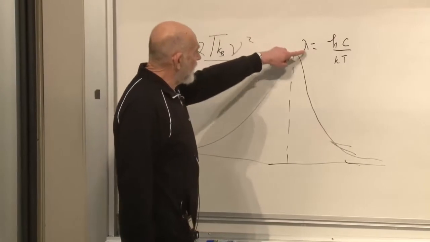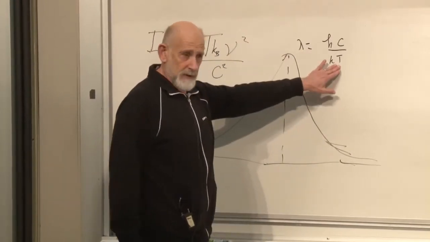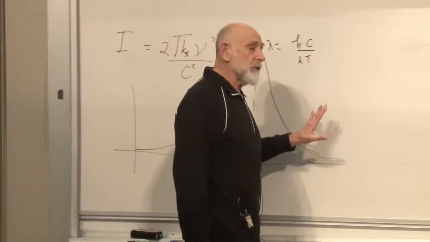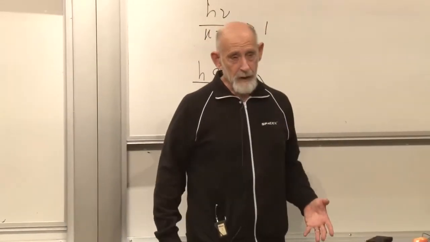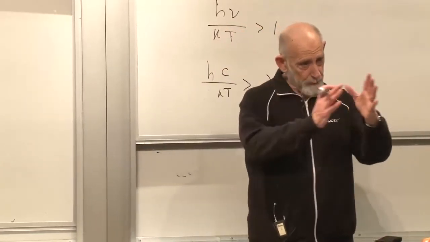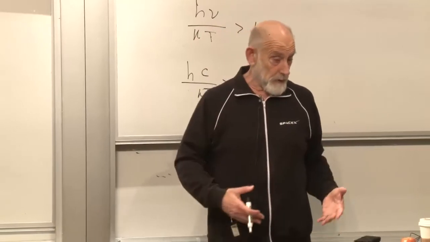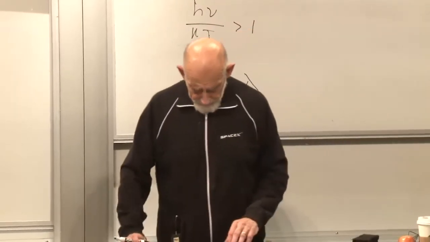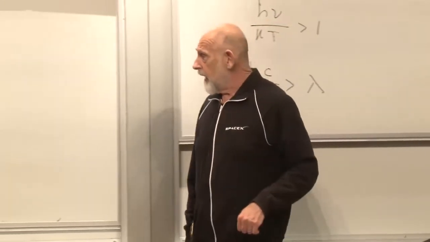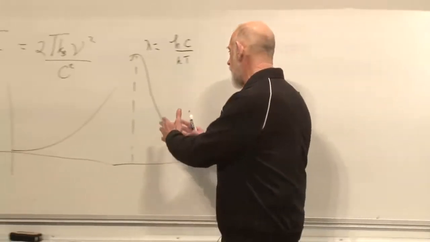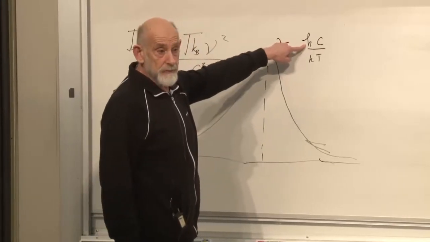The fact that the central wavelength here shifts with temperature was known. It's called Wien's displacement law. It's the displacement of the central peak as a function of temperature. Wien was a physicist of the 19th century, and Planck knew that very well, and he was able to read off the displacement law. He was able to read off a constant h.